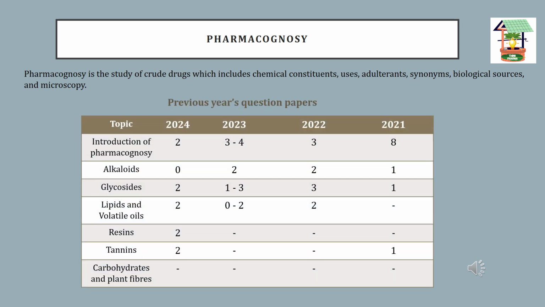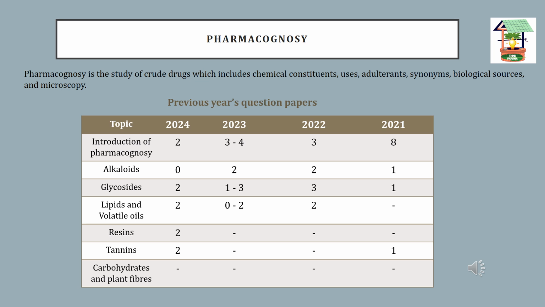And then this is the previous year question paper list. So according to the topic here, in the particular year, the questions came. First, introduction of pharmacognosy is the topic, where in 2024 around two questions were from that topic.